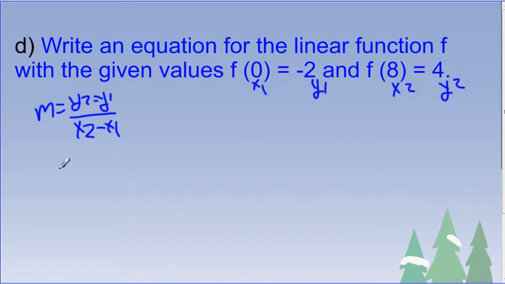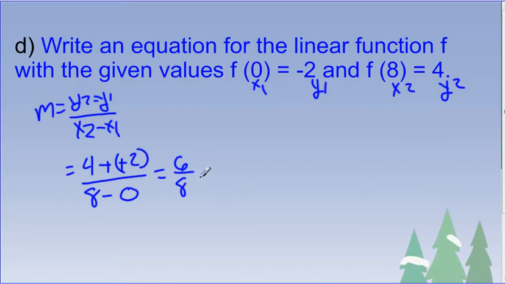Okay, so let's see here. y2 minus y1 over x2 minus x1. That math gives us 4 minus a negative is actually a plus. So 4 plus 2 is 6. 8 minus 0 is 8. And that simplifies to 3/4.